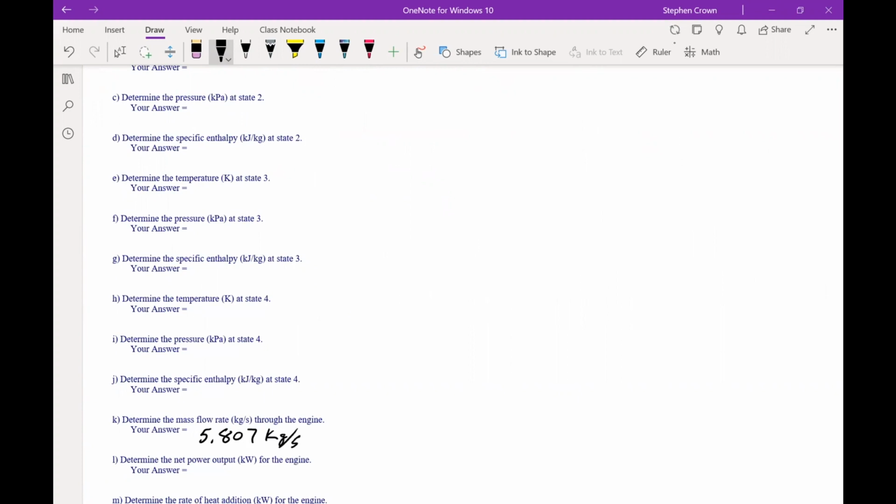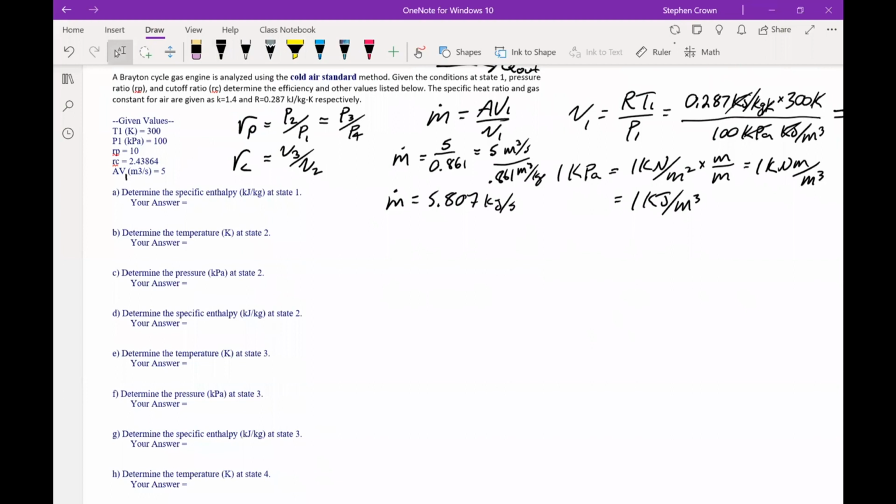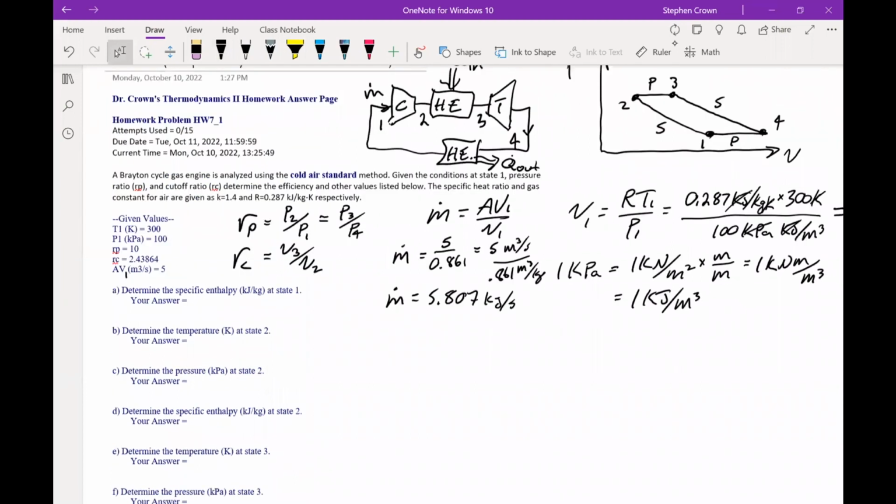All right, let's go now to the specific states. Let's start with state one, the specific enthalpy at state one. With a cold air standard, I can use the definition of the enthalpy being calculated as the specific heat times the temperature.